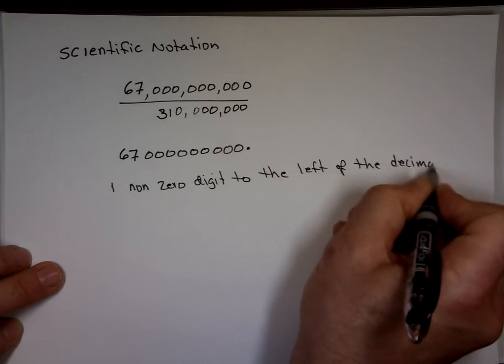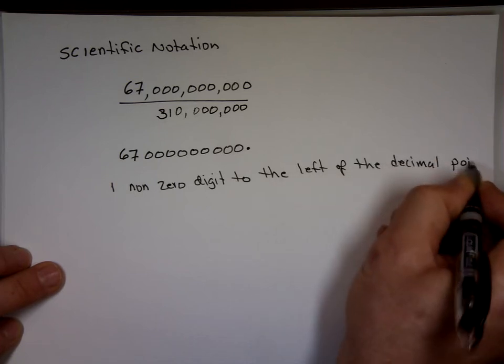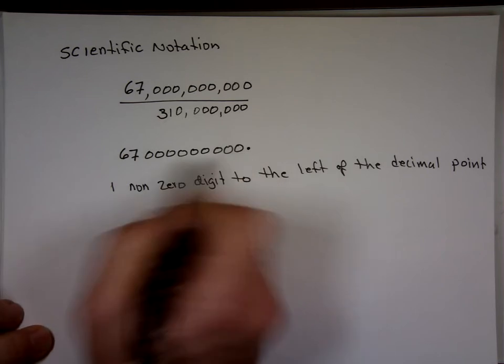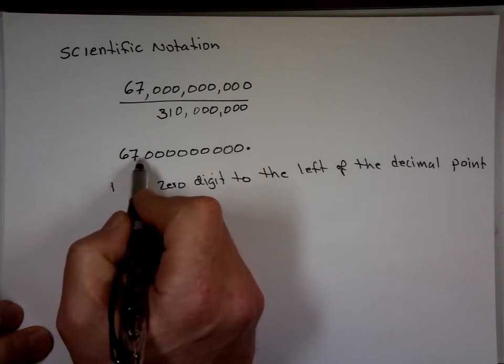Well, if I look at this, I have more than one non-zero digit. I have a lot of digits to the left of the decimal point.